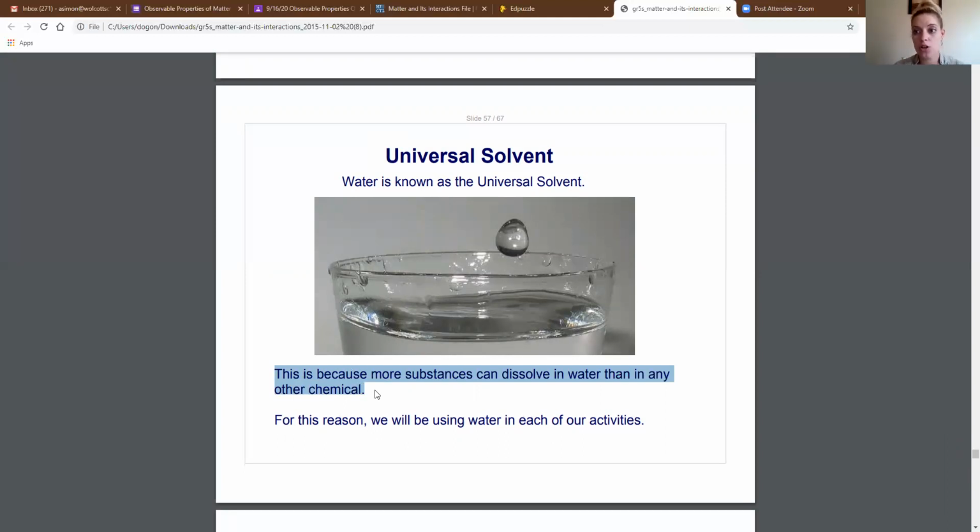So more solutes can dissolve in water than any other chemical. That's why we'll be using water in all of our activities in class, because it can dissolve more things than any other chemical. So make sure you have that down in your notes.